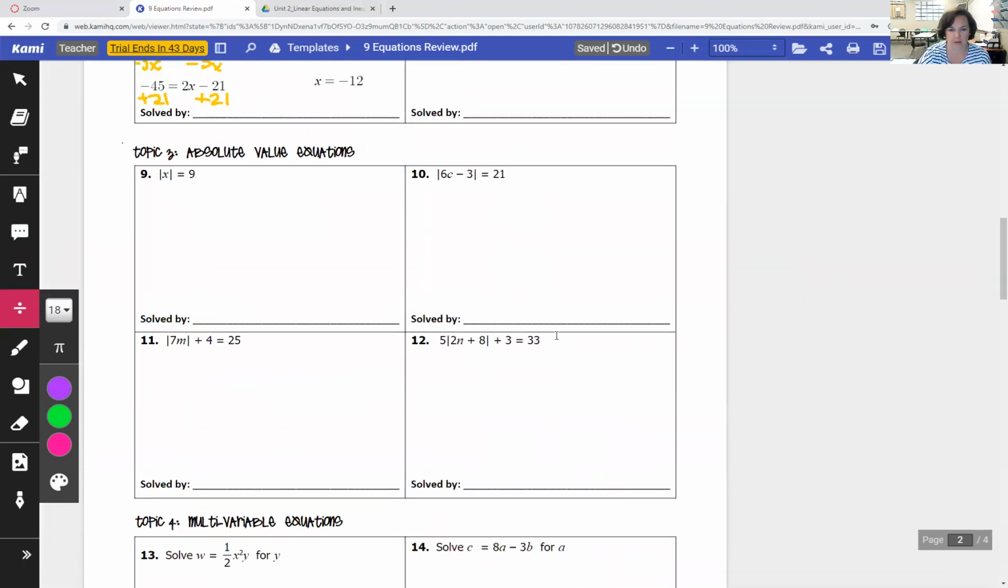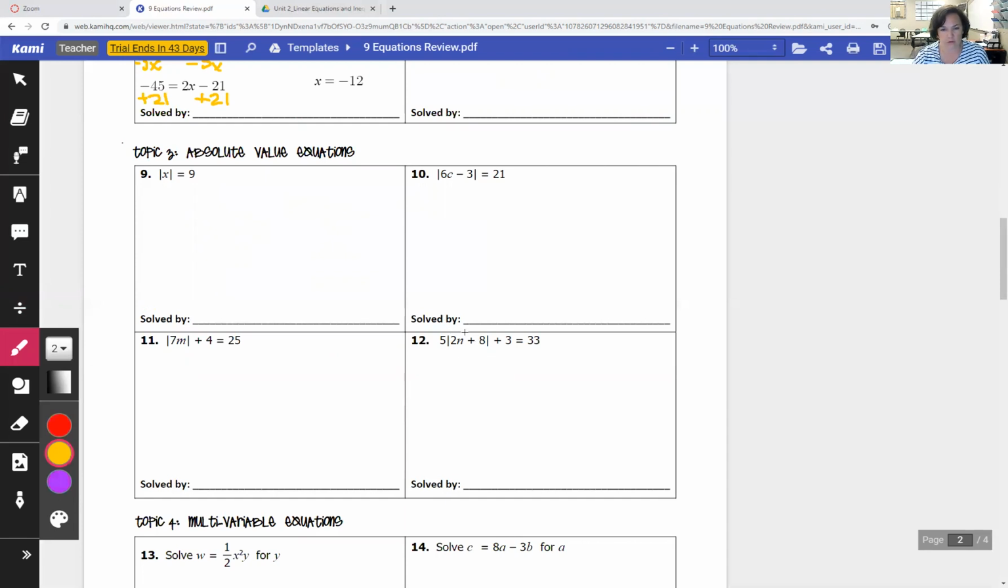I will do this very last one. So we have 5 times the absolute value of 2n plus 8, plus 3 equals 33. We want to solve for n. So we are going to isolate our absolute value first.